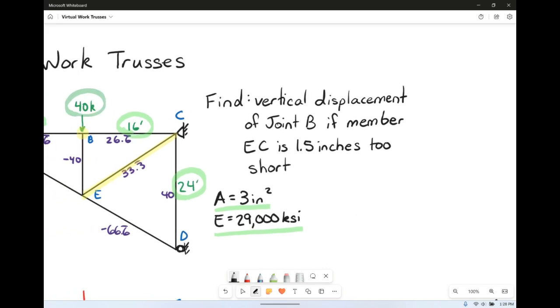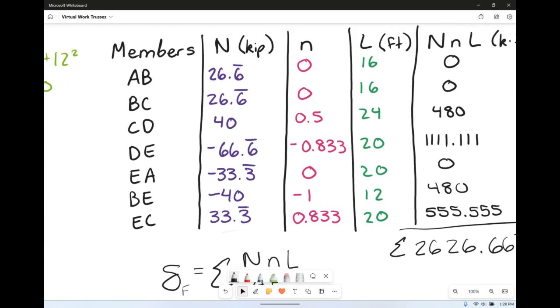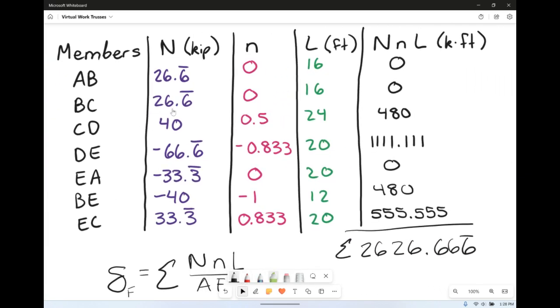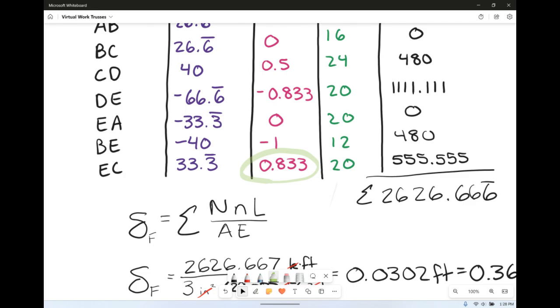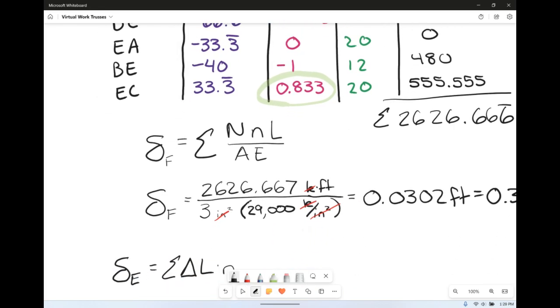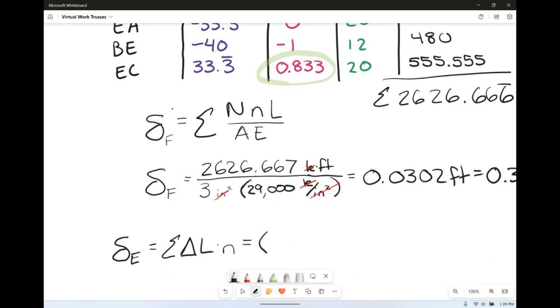So we're looking at EC in our chart, at this number right here. So we said it was 1.5 inches too short. So that's negative. And then N for it was 0.833. So that's going to be 1.25 inches. It is negative, so negative means going the wrong way, so that's vertical.